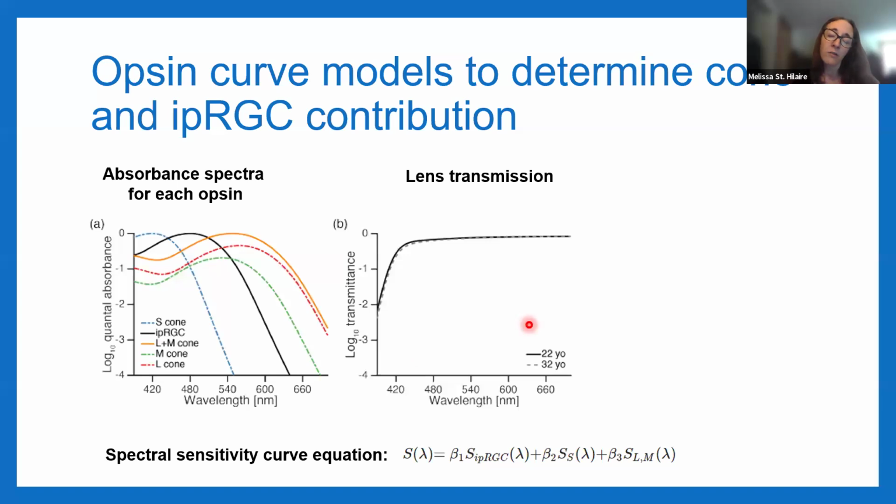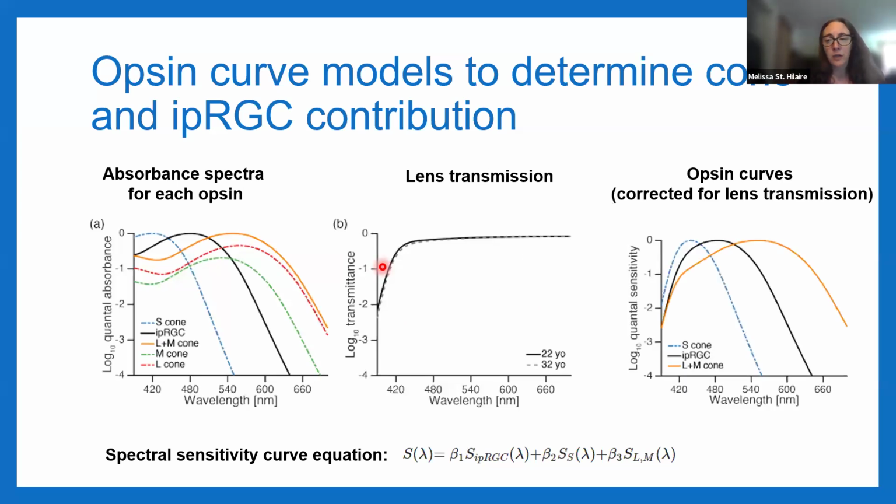So all of our participants were relatively young. I think our age range was 18 to 35. We know that the lens yellows as individuals age, and that has an impact on the amount of blue light that gets into the system. So we did do a little bit of a correction, even though these are relatively young people, in order to account for that.